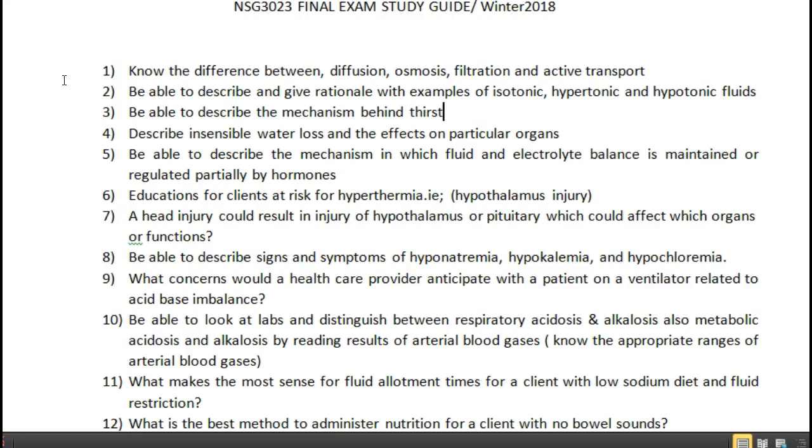Basically, I just put that out there, just a hypothalamus injury. I just wanted you guys to know that if somebody does have an injury to their hypothalamus, that could affect their temperature.